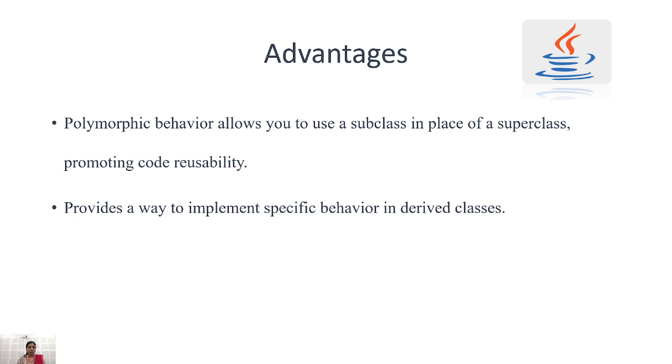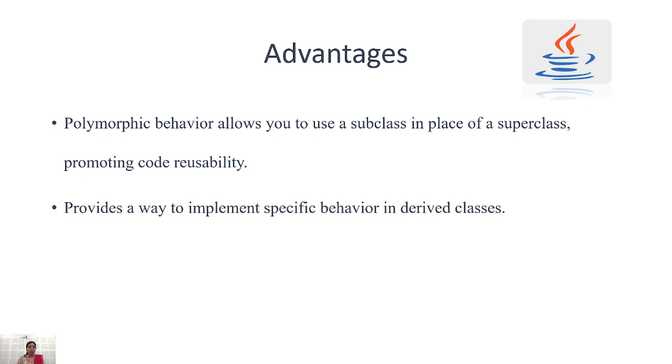What are the advantages of method overriding? The polymorphic behavior allows you to use the subclass in place of the superclass, promoting code reusability. So instead of repeating that code, you can just take the method which is in the superclass, override that method in the subclass, and change the behavior of that method to be different from the superclass.